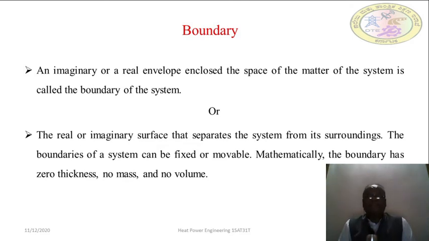Is it necessary all the time that the boundary of the thermodynamic system is a real and solid one? For this question, the answer is certainly not. It doesn't mean that the boundary of the thermodynamic system should always be a real one. It may be imaginary.